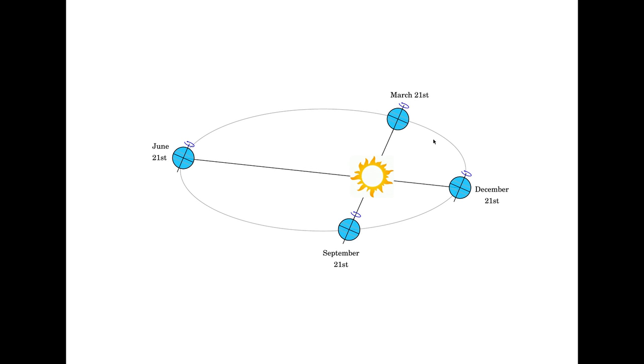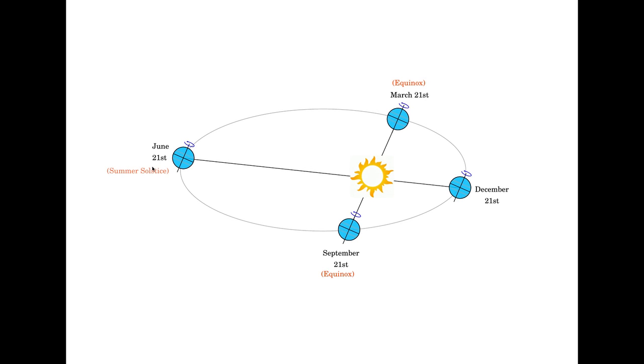March 21st and September 21st, these positions are called the equinoxes because the Sun is in the equatorial plane. It directly is in line with the equator. When I show you the Earth-centric viewpoint, you will see that the Sun aligns itself along the equatorial plane. And this line joining these two is called the equinox line.